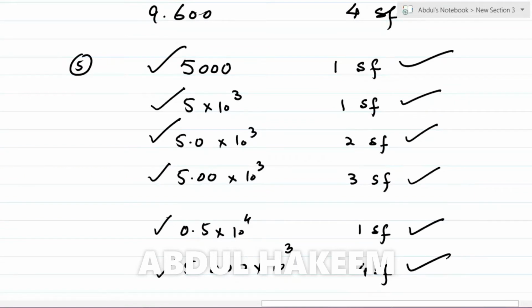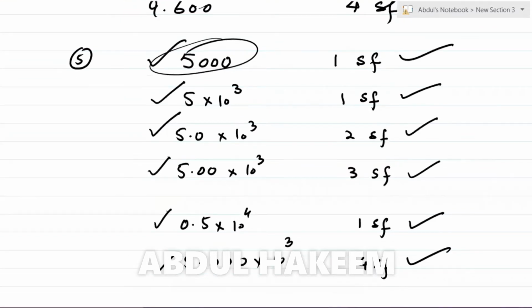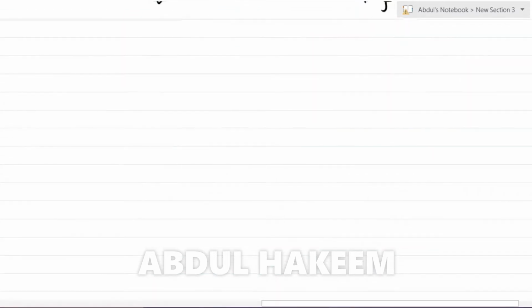So 100, 500, 300, 5,000, 10,000 can be written as according to the required significant figure. But in this situation, right side zeros are not significant because there is no decimal, so it will be considered one significant figure.